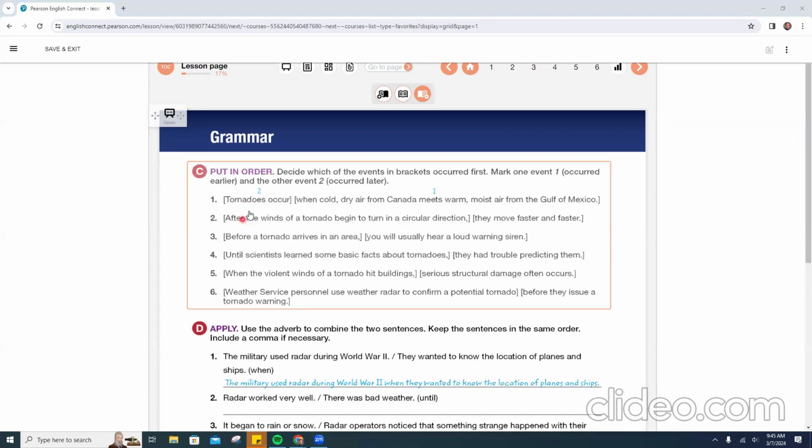So what happens first? A tornado or cold, dry air from Canada meets warm, moist air from the Gulf of Mexico. So this one happens first, and this one happens second. Number 2, after the winds of a tornado begin to turn in a circular direction, they move faster and faster. Okay, so which one would be first?